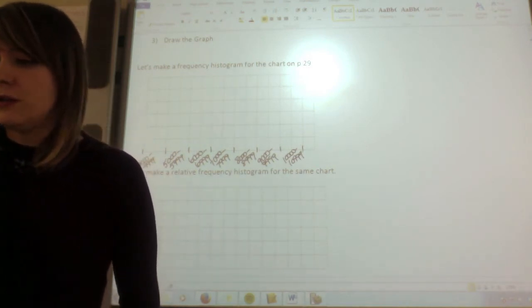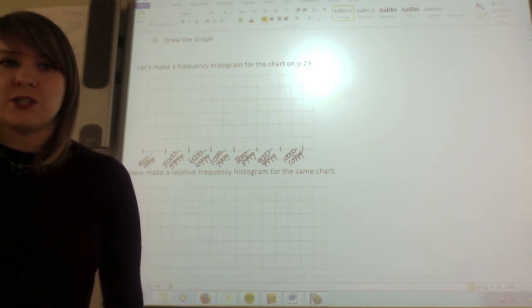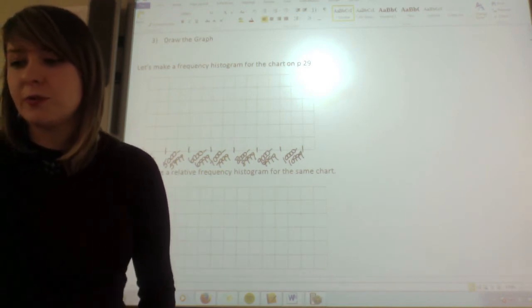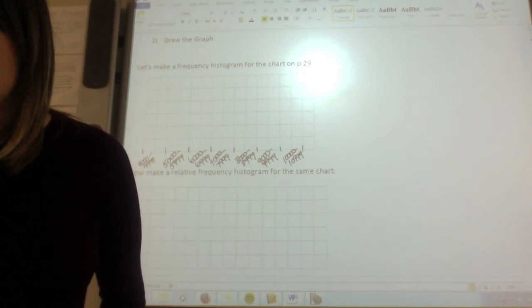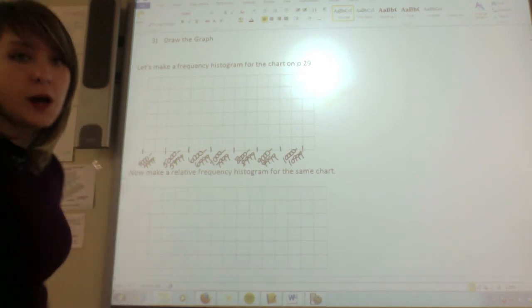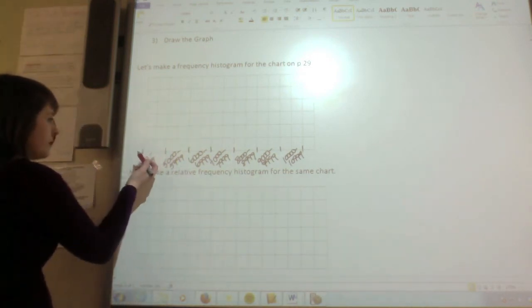Next thing I'm going to do is count the number of observations per interval. So between 4,000 and 4,999, I have 1, 2, 3, 4 observations. So I'm going to graph that on my chart here.